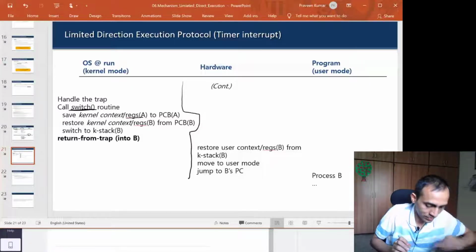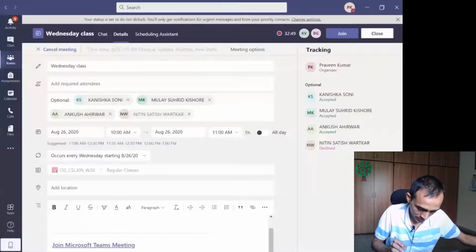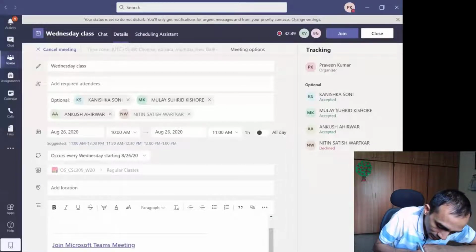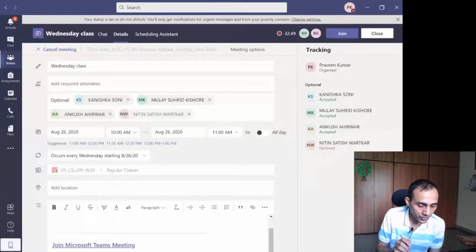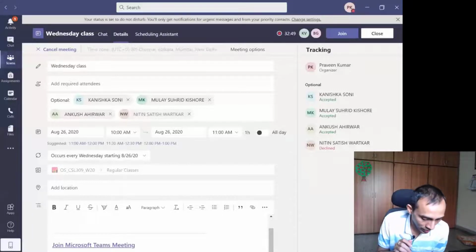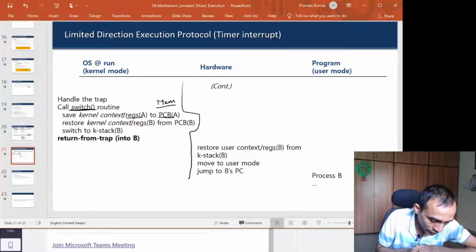PCB is a data structure which will be residing somewhere in the OS memory.